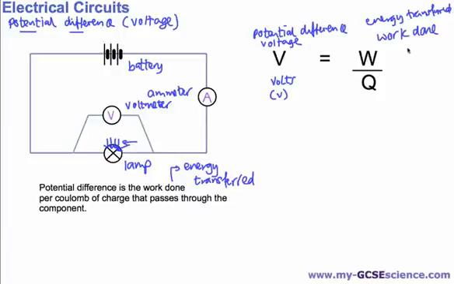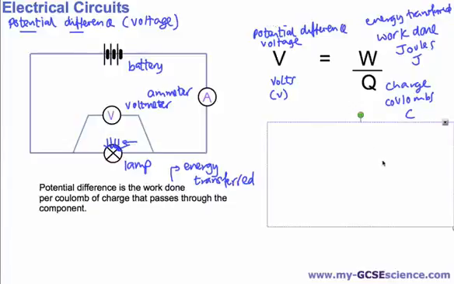Energy transferred, and if it's energy transferred, that's got to be in joules, which is a J, and Q we've come across before, that's our charge, and again that's in coulombs with a capital C. Okay, so again you will be given this formula in the exam. You will be told what the different things mean. You won't be given the unit, so it's important that you remember what the units are.